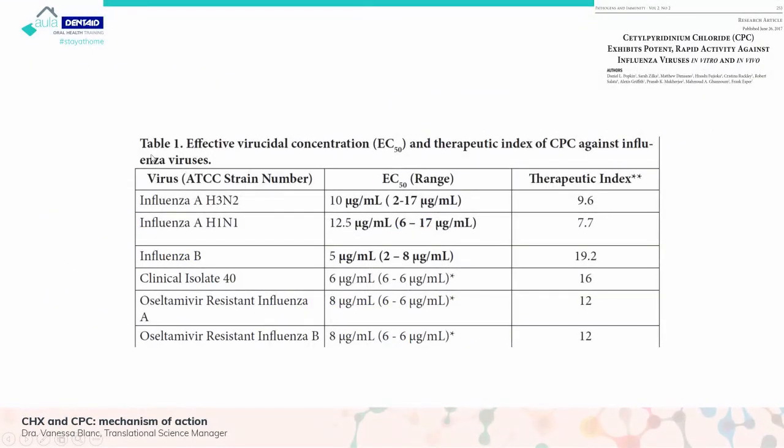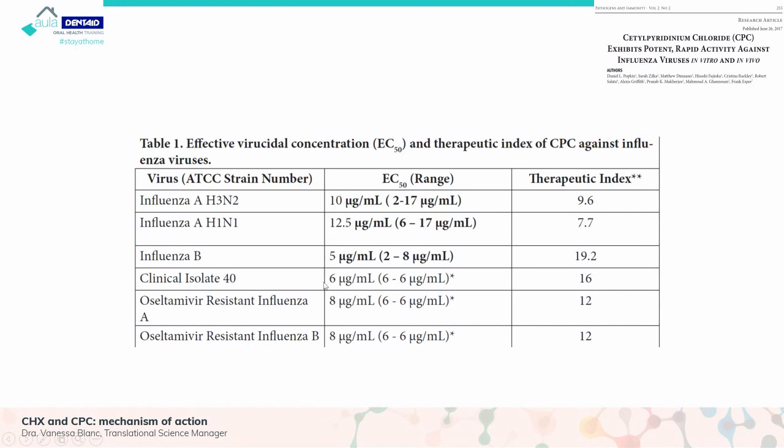Here you can see a table of a range of concentrations of CPC that researchers used in order to degrade the viruses. The concentrations used range between 5 micrograms per milliliter and 12.5 micrograms per milliliter. This range was very effective against the different strains of influenza studied, even against 2 oseltamivir resistant strains.